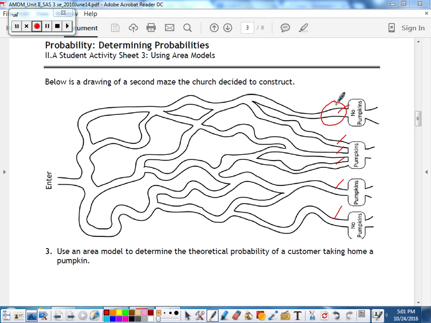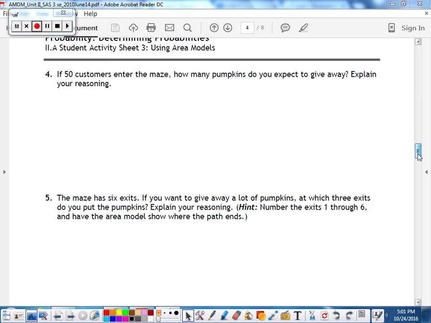For example, this one that I just circled has 1, 2, 3, 4. 4 paths that lead to this little space right there. Find the ones that have the most paths leading to it, and those are the top 3 that you want to choose to put your pumpkins at. Okay, that was for question 5.